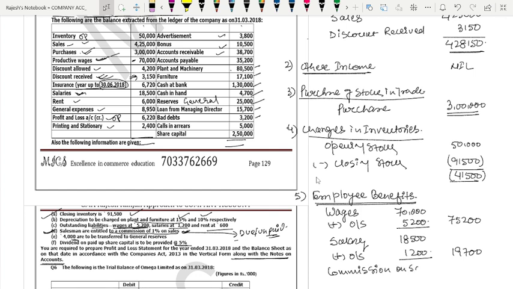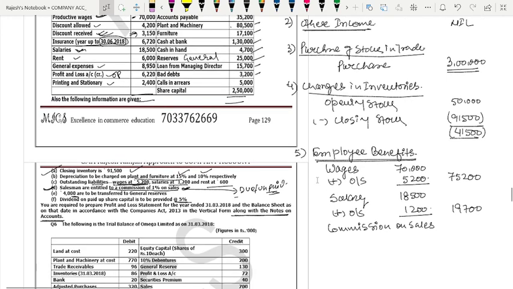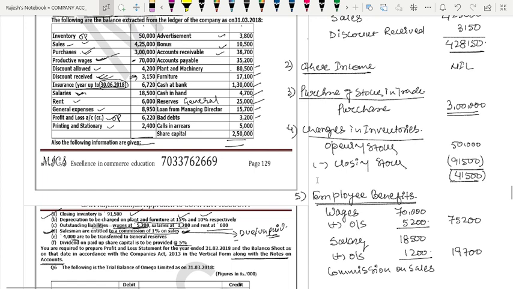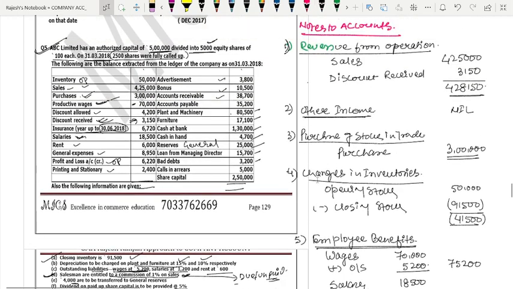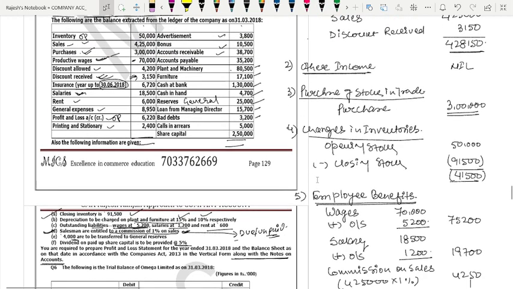Commission on sales 1% in employee benefit. 4,25,000 multiplied by 1%, 4250.